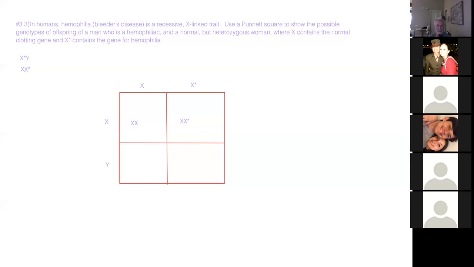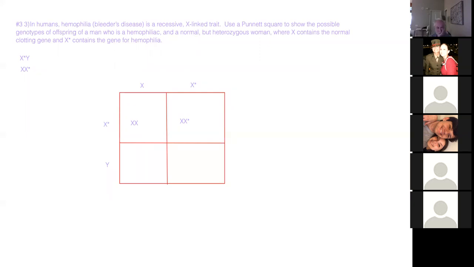In the next row, oh, what did I do wrong here? I forgot the asterisk on the male. This is where you can make your mistakes.